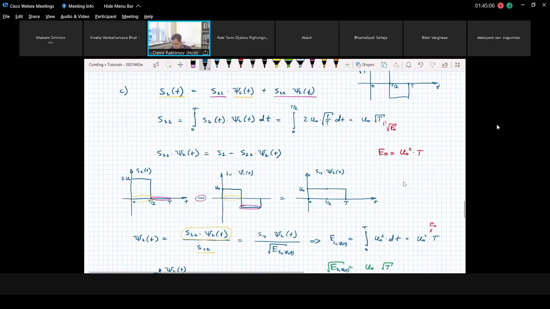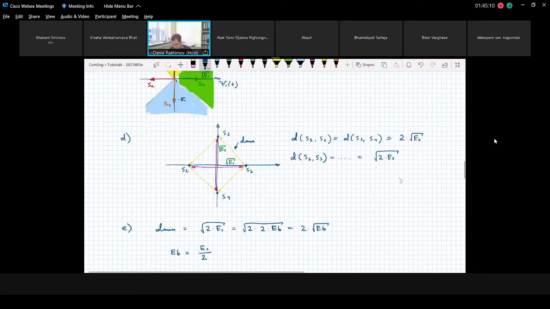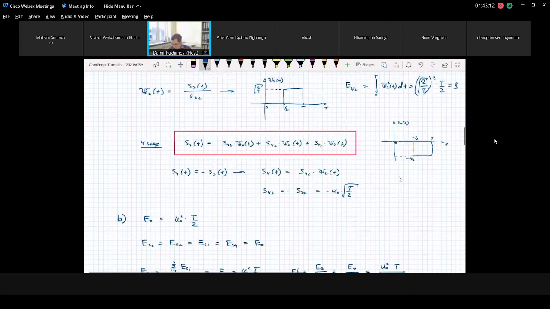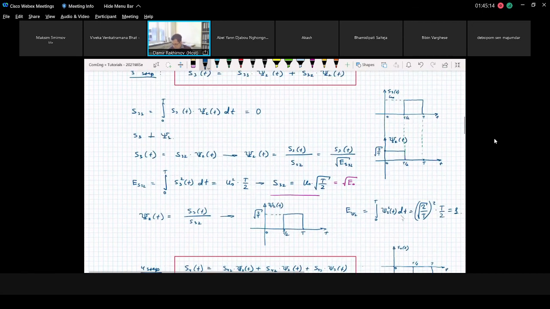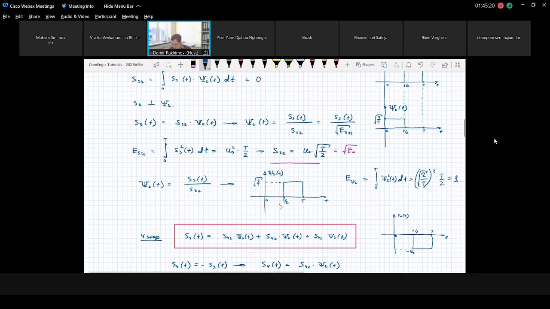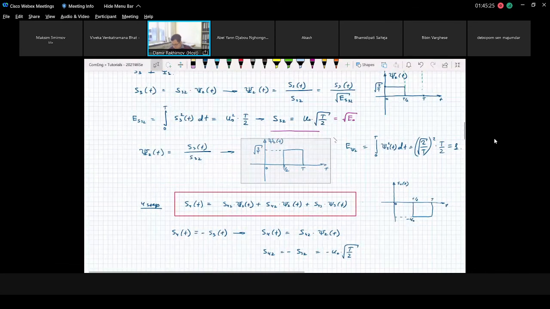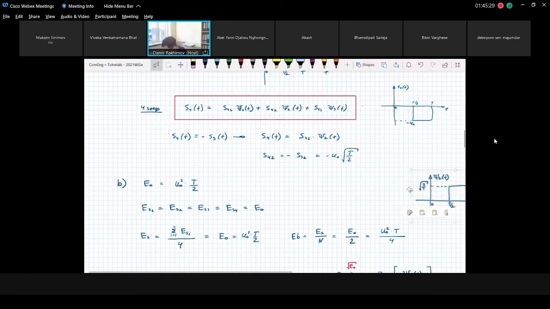But if you look at our basis functions in the previous task, you see that we have 2 rectangular pulses at different positions. I copy this; it was our previous second basis function.